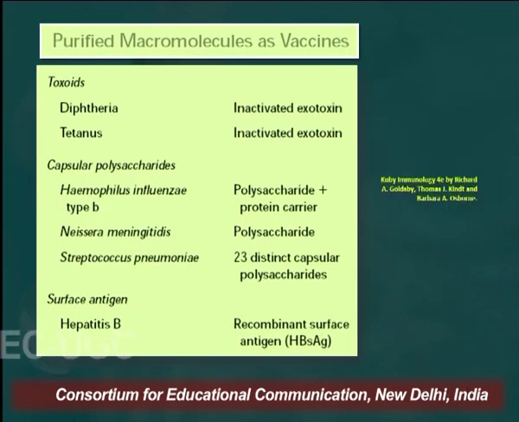Now there are certain vaccines which are developed from the purified macromolecules of these pathogens, which includes diphtheria, tetanus, Haemophilus influenzae, and hepatitis B. So we know that certain pathogens over a period of time produce certain molecules which can be purified and used as a vaccine, because these macromolecules, when they are injected into the person, elicit or trigger the immune system because they are marked as foreign particles.